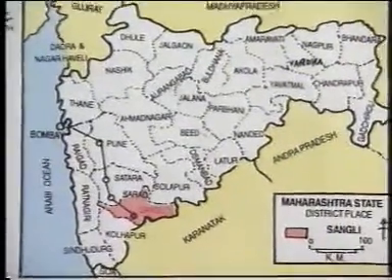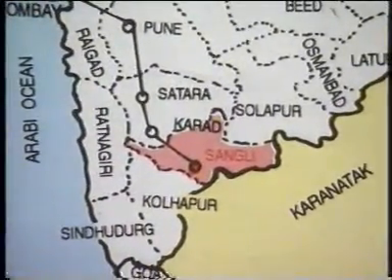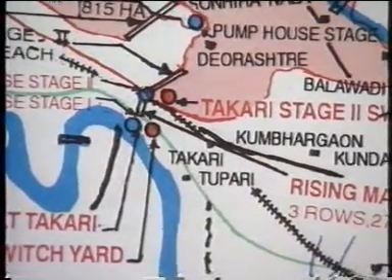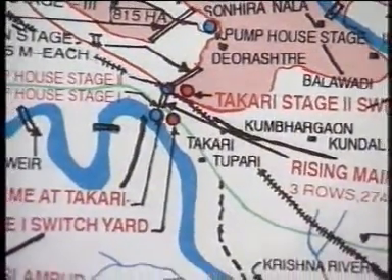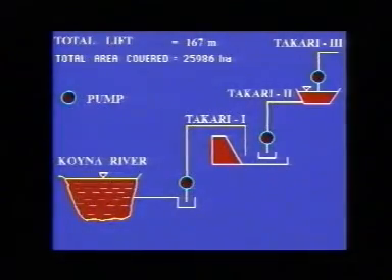Maharashtra Irrigation Department has planned in Sangli district 2 lift irrigation projects, namely Takari Stage 1 and Stage 2. This is stated to be the biggest lift irrigation scheme in Asia.